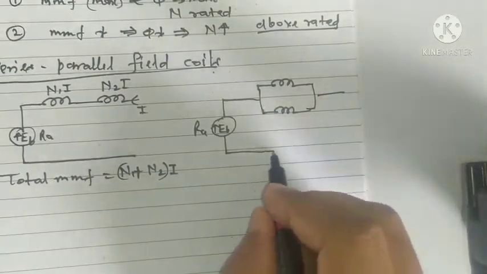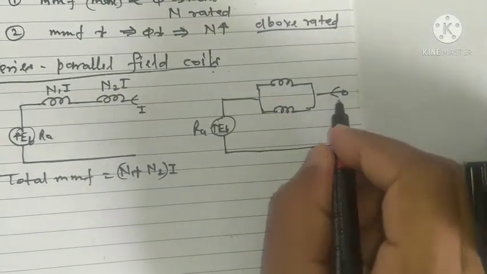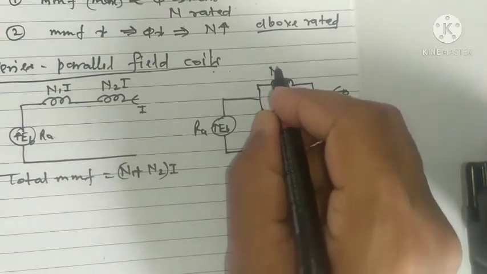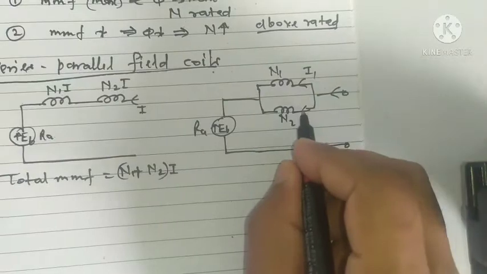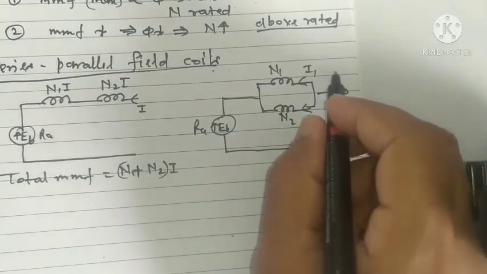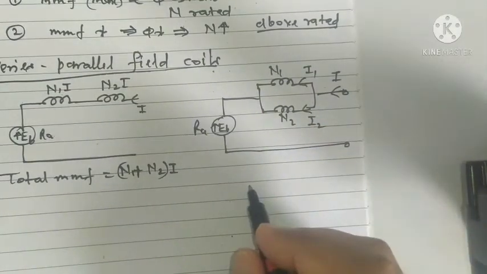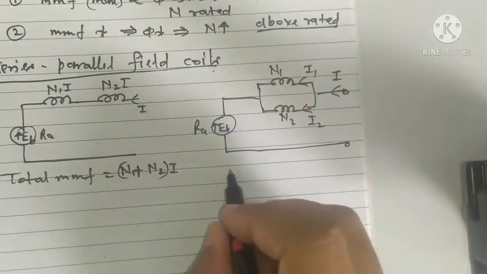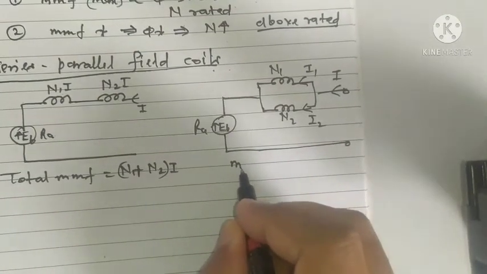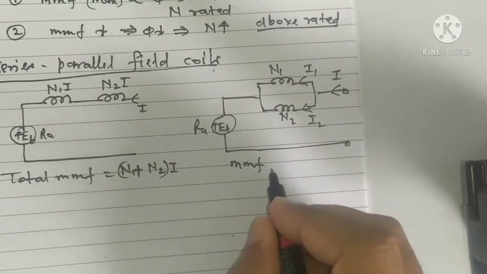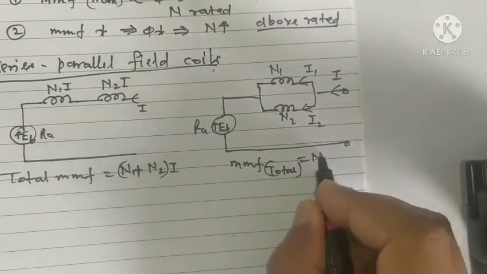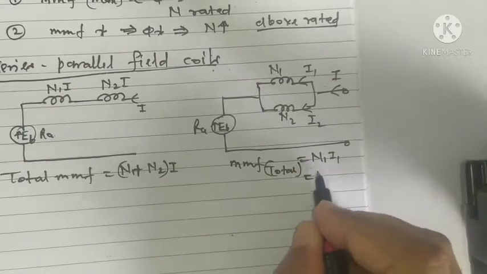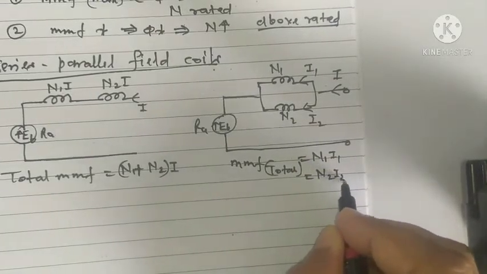Here the current will be different, say I1 current is here and I2 current is here. So this current I is distributed. Here the total MMF will be N1 I1, which is also equal to N2 I2.